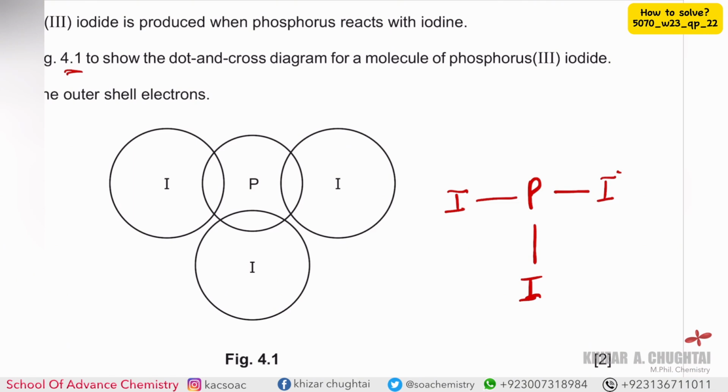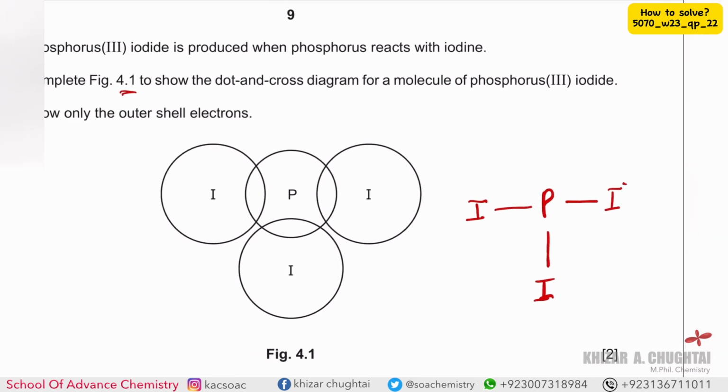Here P is making 3 covalent bonds. So generally speaking, I'm going to mark the lone pair. This P is using 3 electrons, and overall there are 5 electrons in its last shell, as P is the member of group 5 element. So here is 1 lone pair. So I'm going to write 1 lone pair over here, and here 1 electron from phosphorus, 1 electron from iodine.